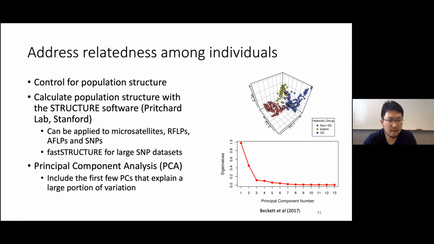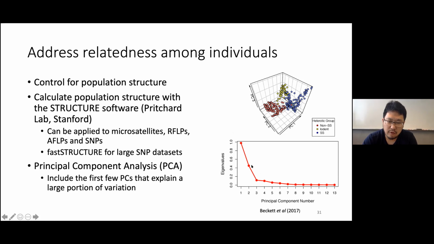So it's pretty fast. But the more common way to control for the population structure is using principal component analysis, or PCA. So usually we include the first few principal components that can explain a large percentage of the variation in this population. One way to decide how many PCs to include is to use the scree plot for PCs. The y-axis is the eigenvalues, and the x-axis is the number of PCs.